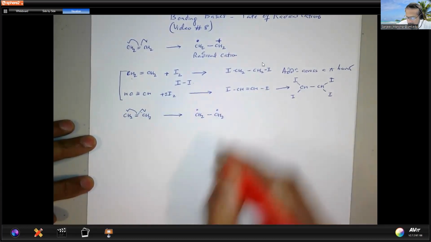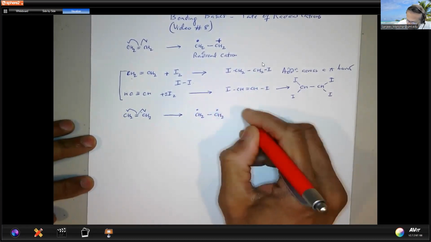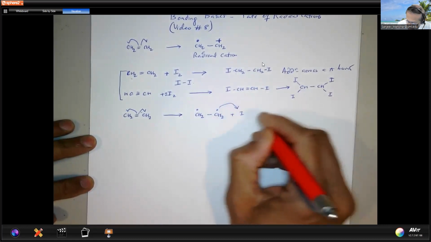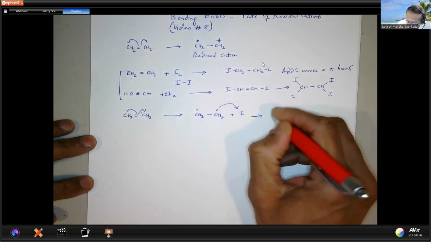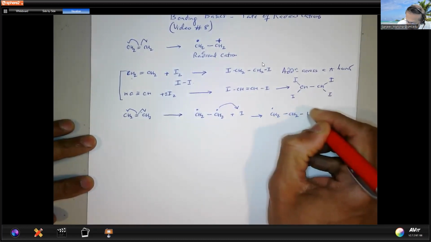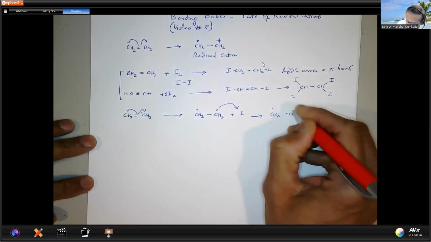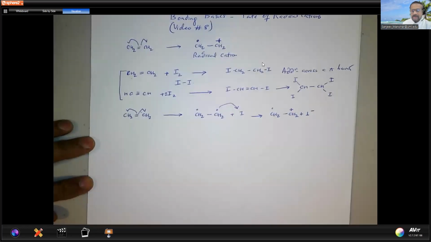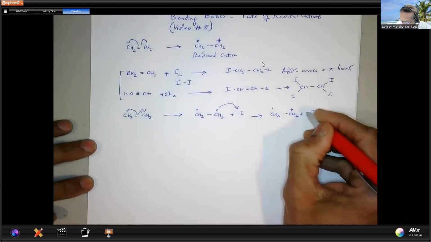then I was saying that iodine takes an electron, right, to give you CH2 dot, CH2 plus, plus iodide, correct?